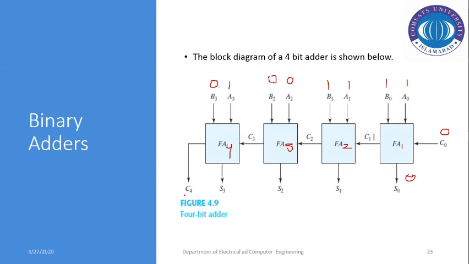Then we switched to the first design example, the code converter, in which we studied how a BCD code is converted into excess-3 code. Afterward, we discussed the basic adder modules that are used to perform the arithmetic operation of addition. We started with the 2-bit addition, that is the half adder.